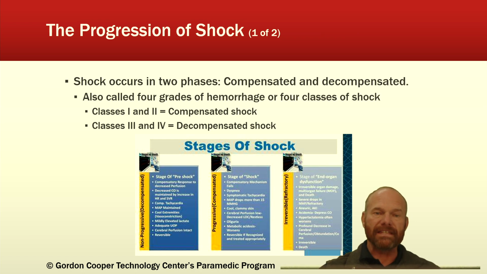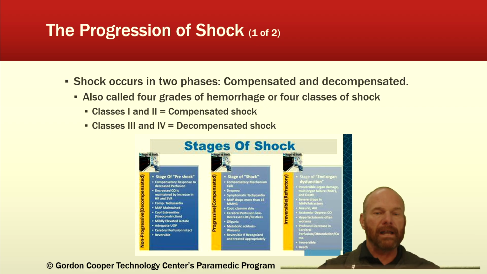And when we say compensated, remember back to the prior video with what the body was doing, able to compensate for it, increase the heart rate, and able to hold on to fluid and all of those things. So the body's able to maintain adequate perfusion, and the blood pressure is also able to be maintained through compensatory mechanisms. That's where the name compensated shock comes in. And then classes 3 and 4 are decompensated shock.